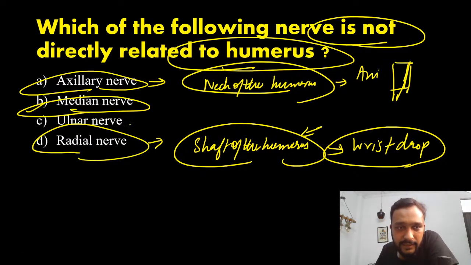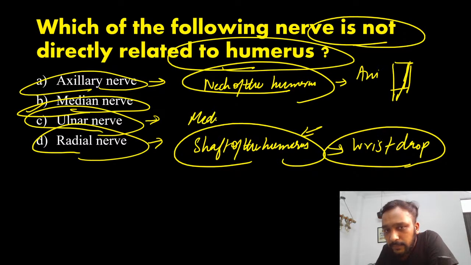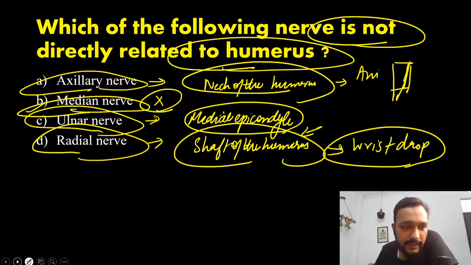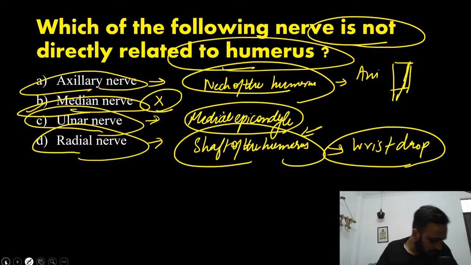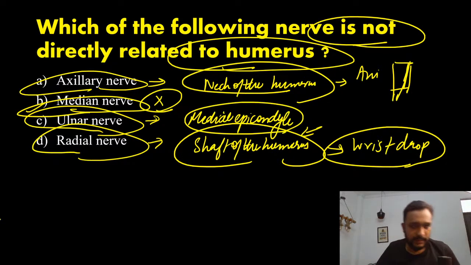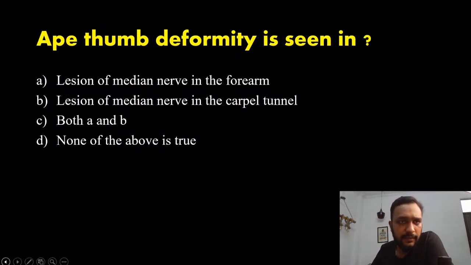And your ulnar nerve is related to the medial epicondyle. So median nerve is not directly related to the shaft of the humerus.